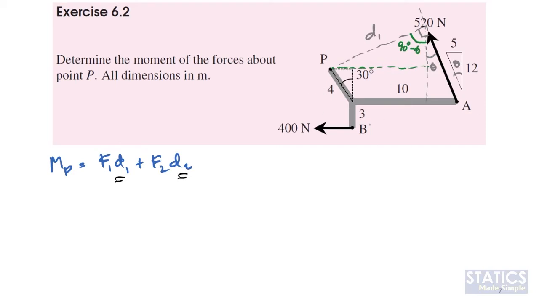So how do we go about solving this? This is 40 degrees. So we can determine the length here. This length here will be equal to 4 sine 30 degrees. So what is the length here?